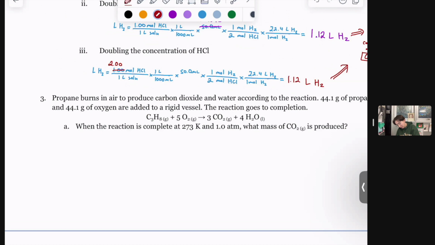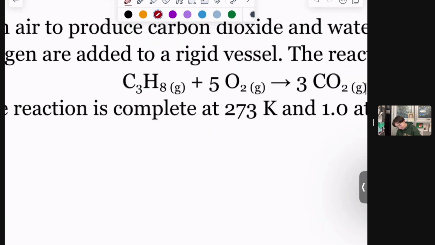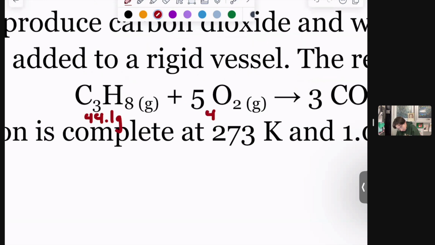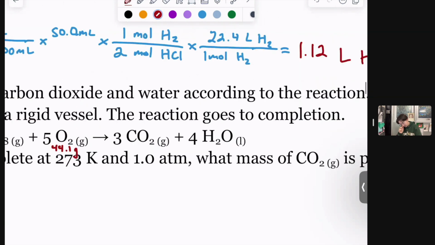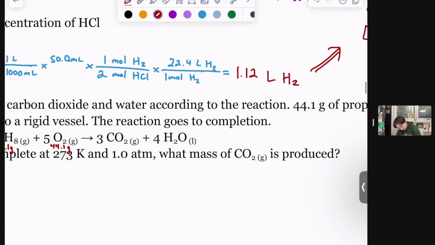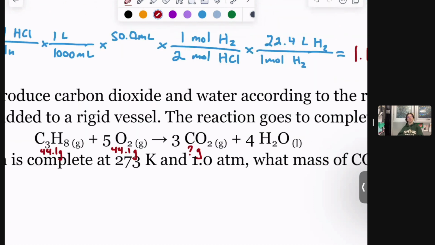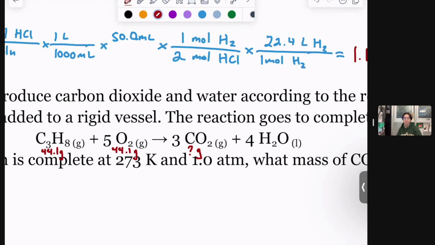I'll just write it off to the side, really small. We have 41.1 grams of this. We have 41.1 grams of this. And the question is asking for what mass of CO2 we are going to make. So I have to figure out my grams of CO2.